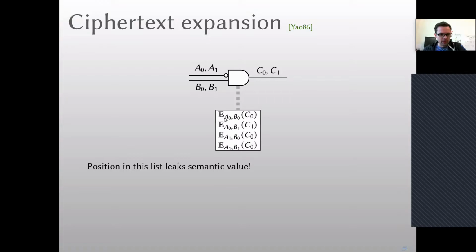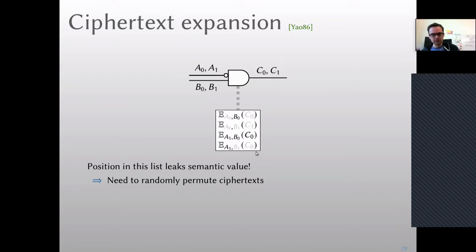See, I've arranged these 4 ciphertexts in a very predictable order with 0, 0 first and 1, 1 last. And we want to hide whether the wire labels are 0s and 1s. So we have to actually permute these 4 ciphertexts. That was something that you observed last week. I didn't include it in my slides last week, but it is something that needs to happen.